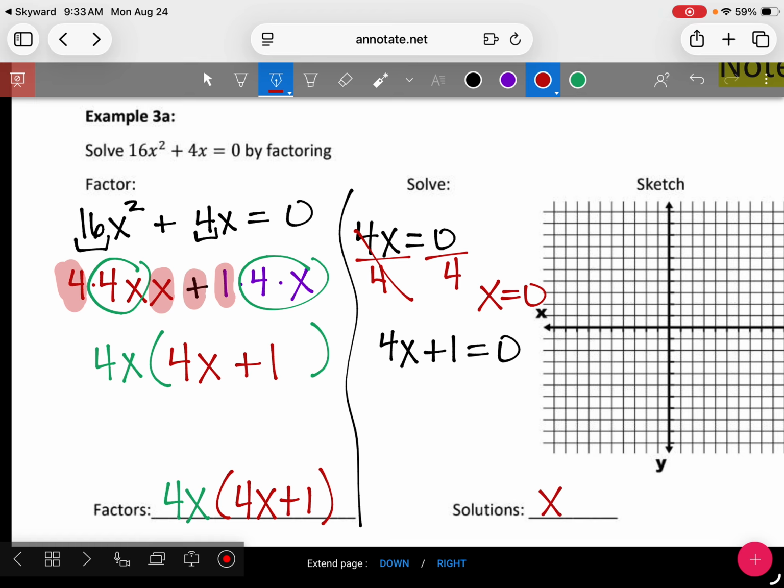So x equals 0 is my first answer. And then, well, I'm not even going to sketch it. And then for the second one, I subtract the 1 and divide by 4. Somebody over there snoring, for real. And you get x equals negative 1/4.